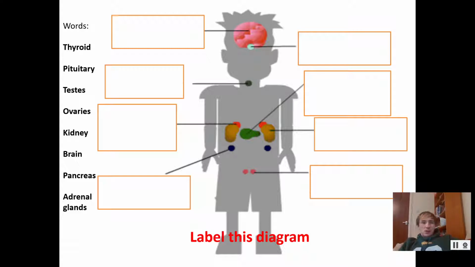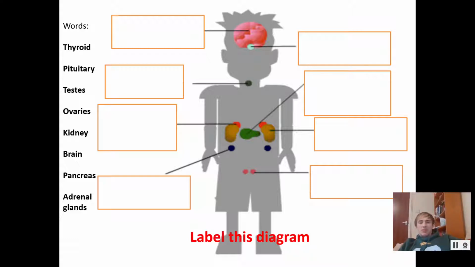Right, so A, which is top left, should be brain. Underneath that, B is in the neck, and that's your thyroid. Underneath that, C, above your kidneys, is your adrenal gland. D, underneath that is your, well, not yours, ovaries. E, top right, is your pituitary gland. F, in the middle, is your pancreas.